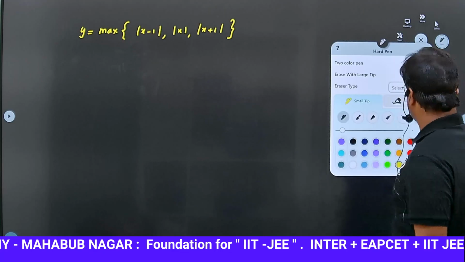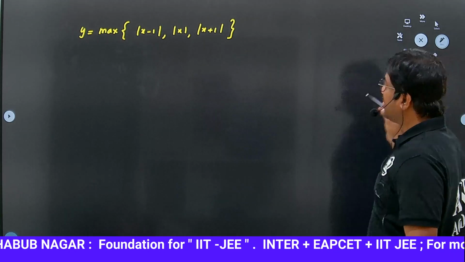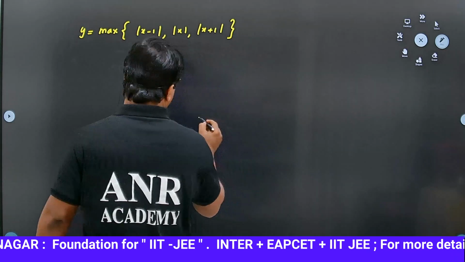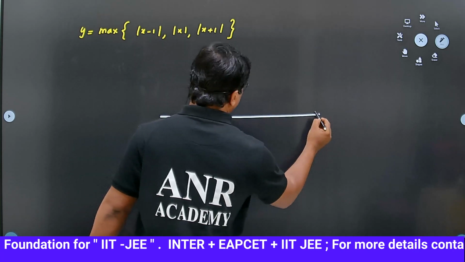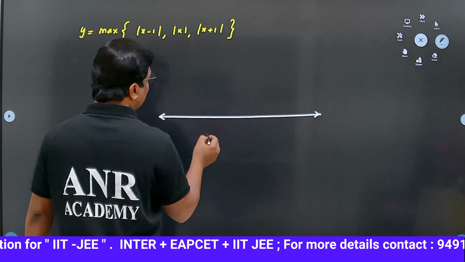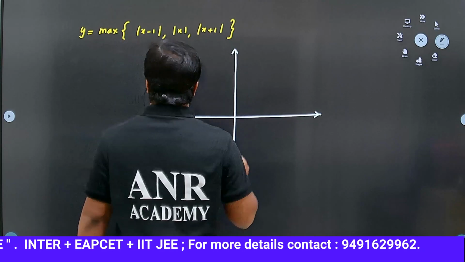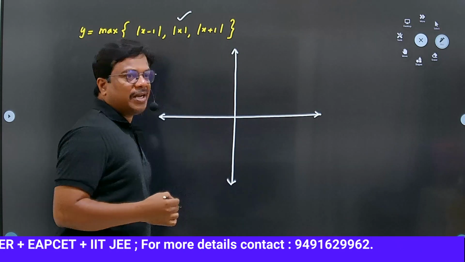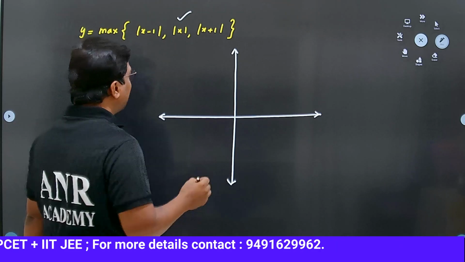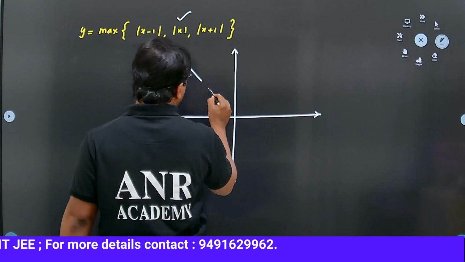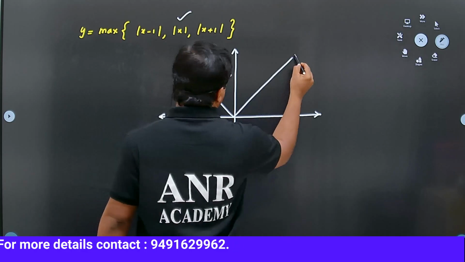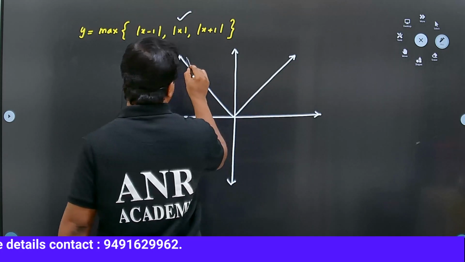See the graphs in one system. X axis, y-axis. First draw the graph of y equal to mod x. You know that the mod x graph is a V-shaped diagram, it has a sharp edge at x equal to 0.